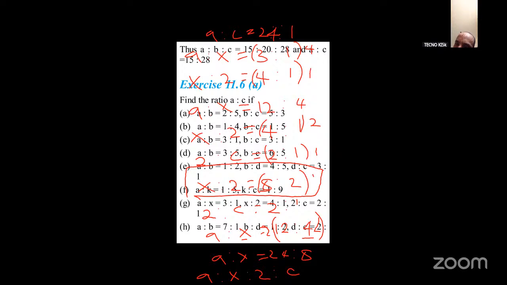Alafu tuko hapa the ratio of 2 is to C is equals to 2 is to 1. Mpaka hapo tuko sawa? The ratio of X to 2.